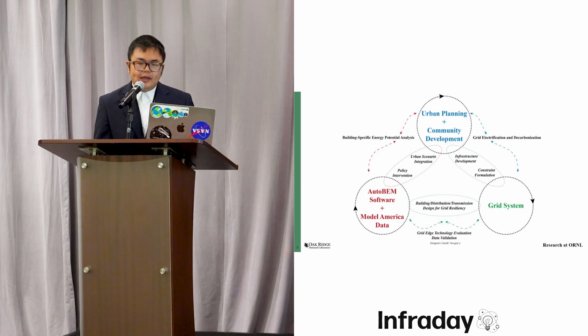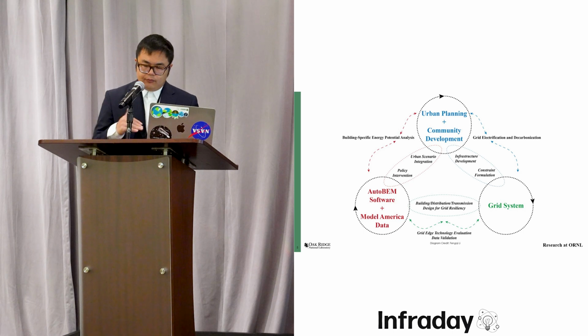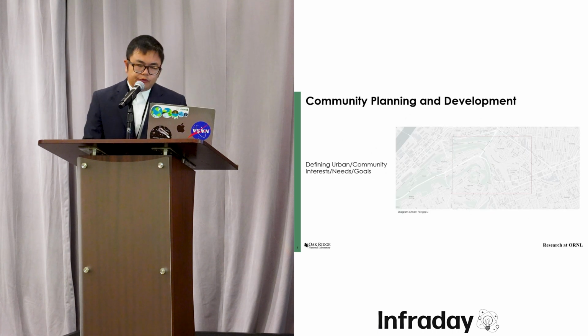So in this case, we establish a foundation to connect the urban planning and the grid planning as a whole co-planning process. In general, with the data and software foundation, which will be introduced later, it will help different decision makers to have building specific energy performance analysis, this kind of framework, if involved in a community development process. So let me put some specific use case here.